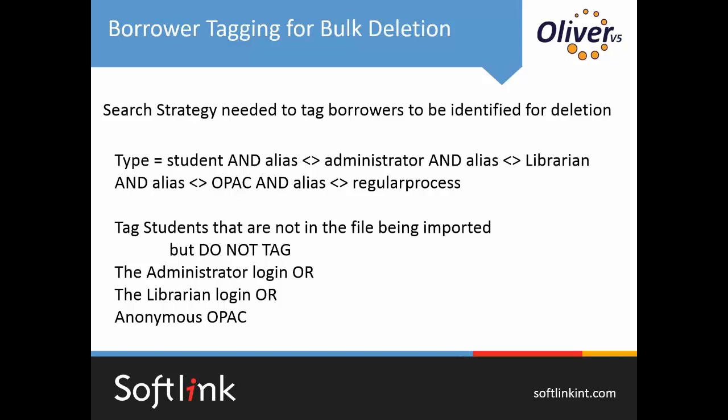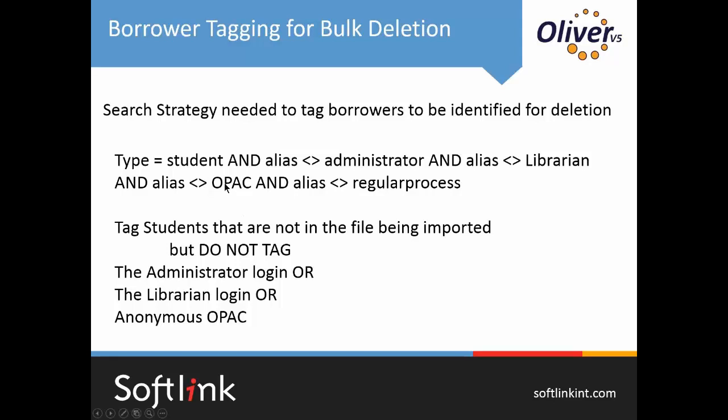But there are other borrowers that we want to make sure are not tagged for deletion. So hence we have and alias equals administrator. So that's my login. And I have an alias for librarian, not equal to librarian, so I don't want them tagged for deletion.